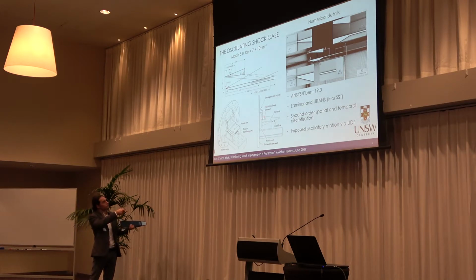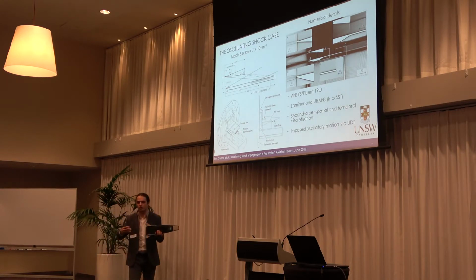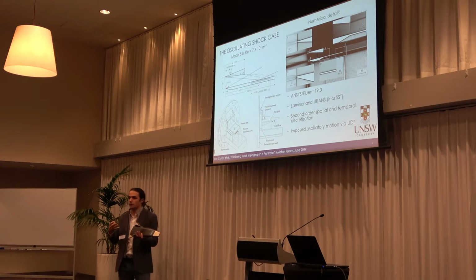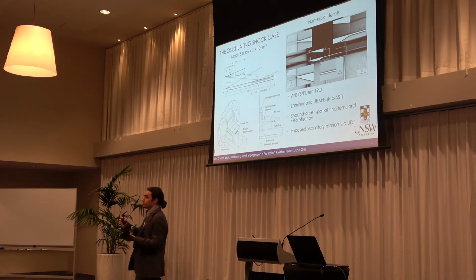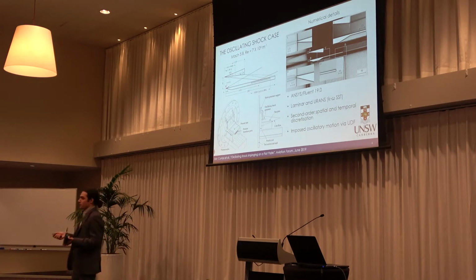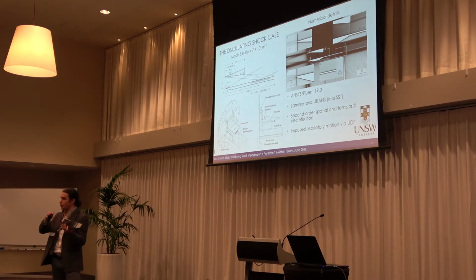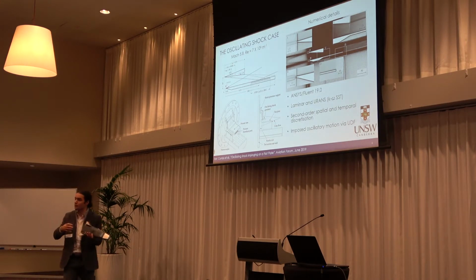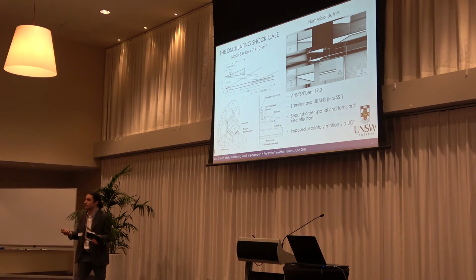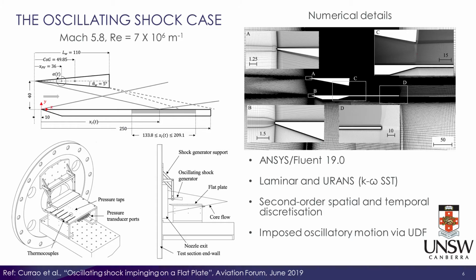The oscillating shock generator, this wedge, will oscillate in the flow because of the pressure resulting from the flow. Many universities tried to do this by actuating the wedge directly, and they didn't succeed. So I had the idea: why don't we make it move passively? This means you have to have at least 10 oscillations in 0.2 seconds.